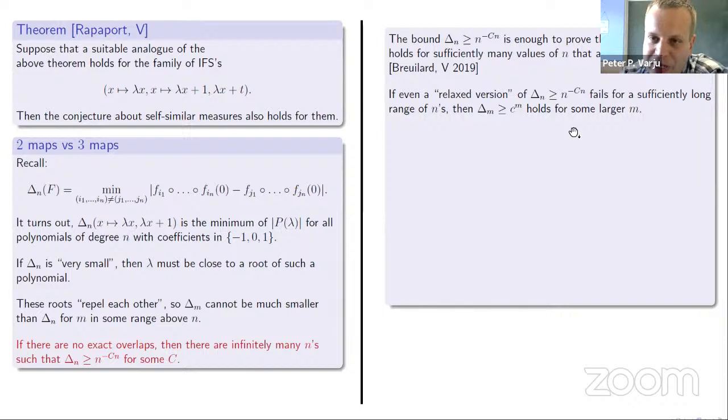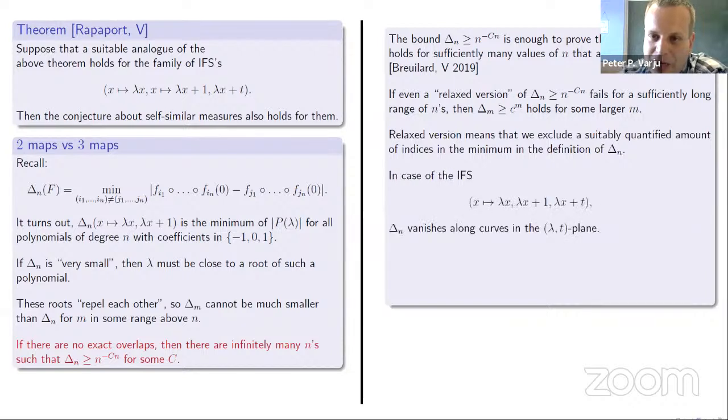So I don't have time to tell you what I mean by relaxed, but basically the point is that either you can verify the condition required for my theorem with Emmanuel, or you can verify the exponential separation condition, and you are done by the work of Hochmann.